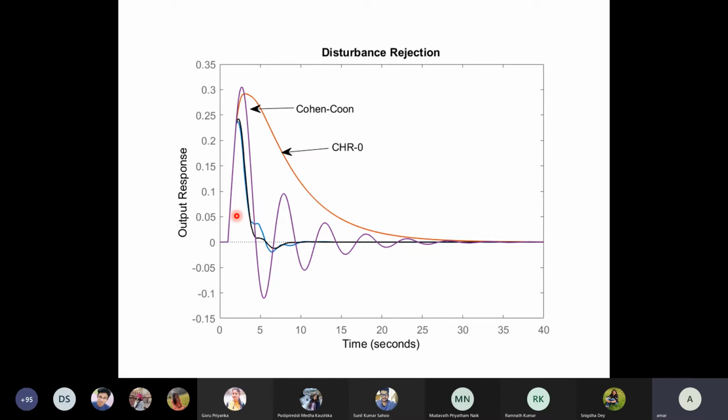These performances vary from process to process, but more or less for all processes you will find the CHR20 correlation is the acceptable empirical correlation out of these four correlations.